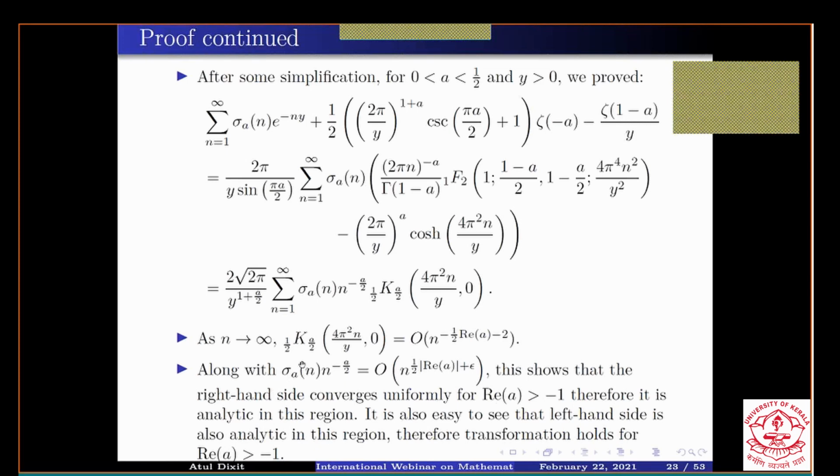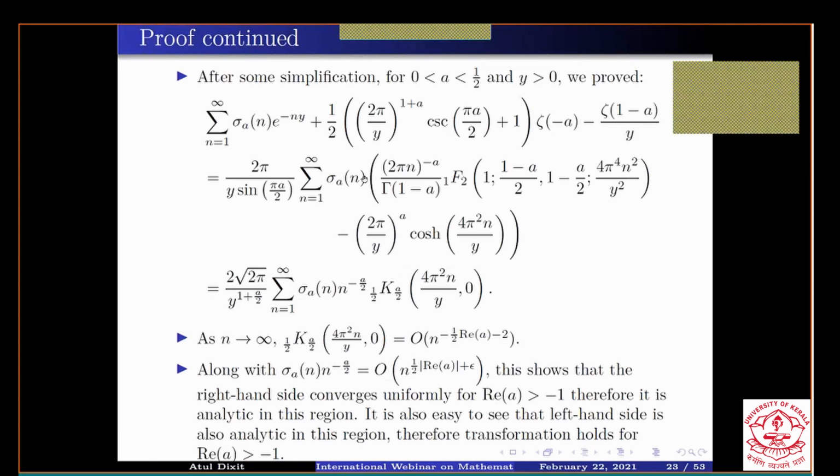And along with this, see, you have this particular one and you have this particular one. From here, you know it is big O of this quantity. For this, you can easily see by an elementary argument, it is big O of n to the 1/2 times mod real part of a plus epsilon. So when you combine the two, you actually see that the right hand side converges uniformly for real a greater than minus 1. What about the left hand side?